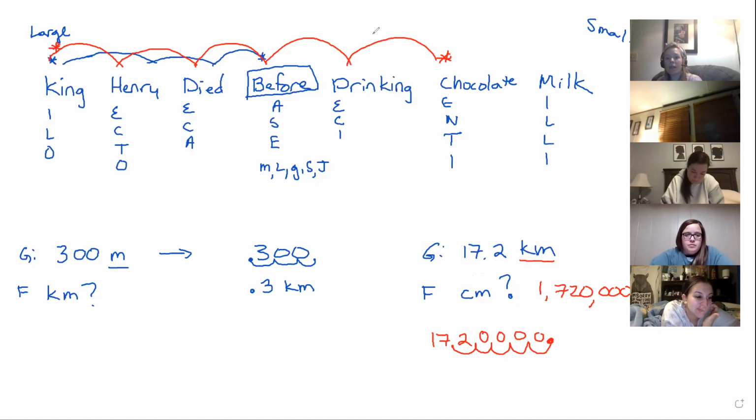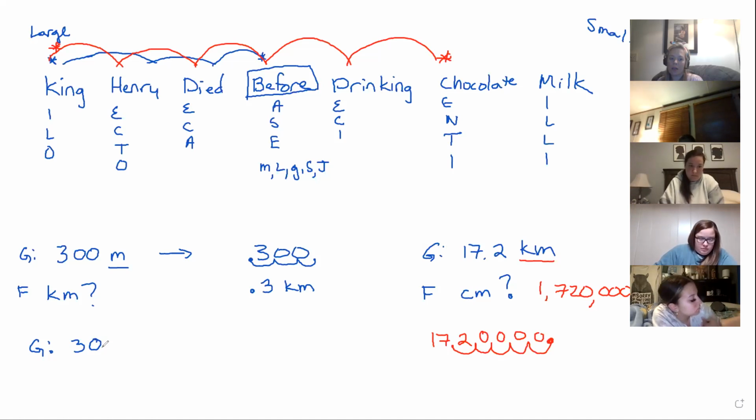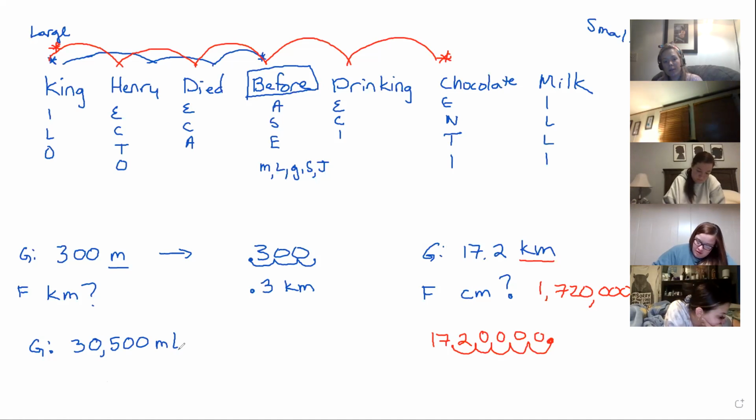So I want you to do one of these. Let's say that we're given 30,500 milliliters, and I want to know how many liters that is.